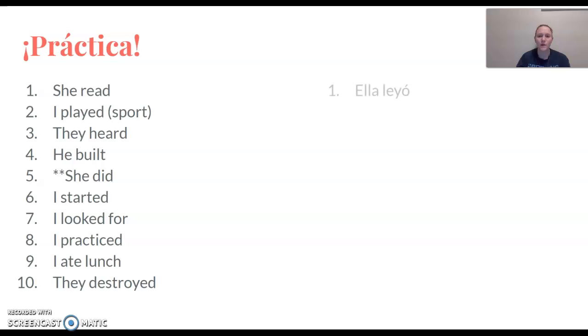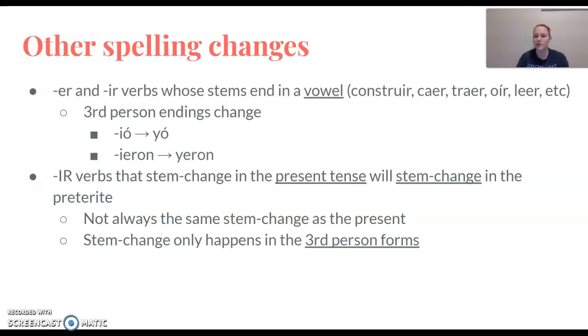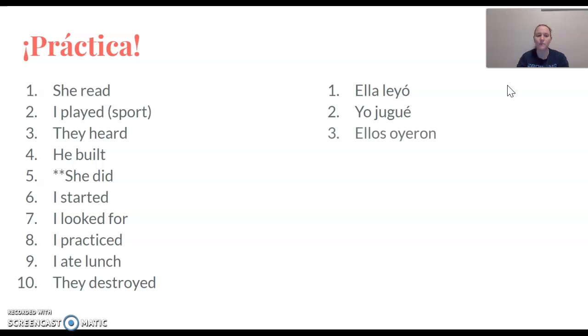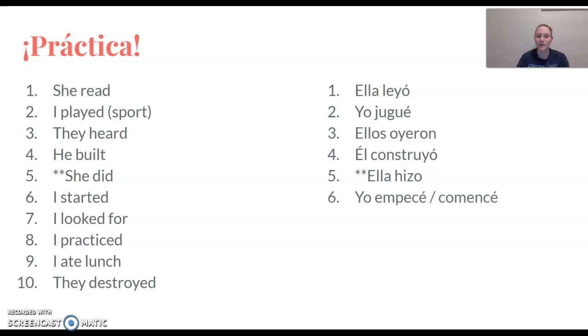All right, number 1, leyó with a Y. Number 2, jugué with a GUE and an accent. They heard, oyeron. That's that verb oír, so it changes to oyeron. He built, construyó. She did, this one's just irregular, hizo. I don't know why I have it on there. I started, empecé or comencé.